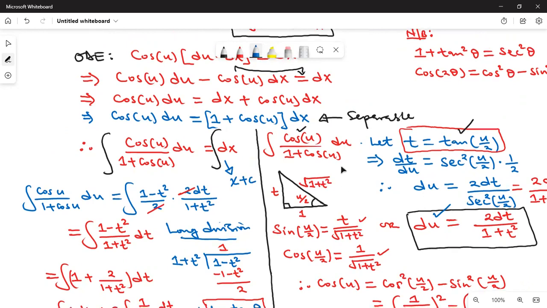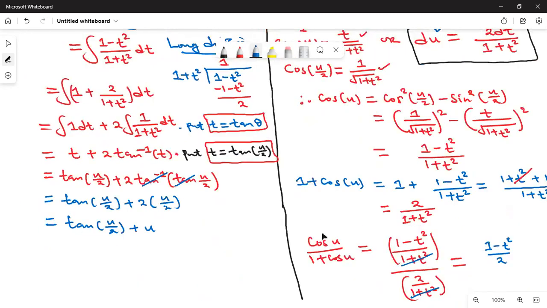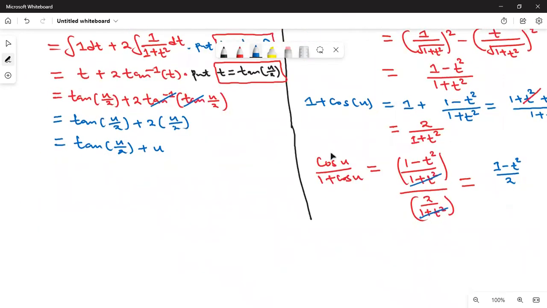So we now go back and say, hence, our solution is now tan u over 2 plus u equals x plus a constant c of integration.